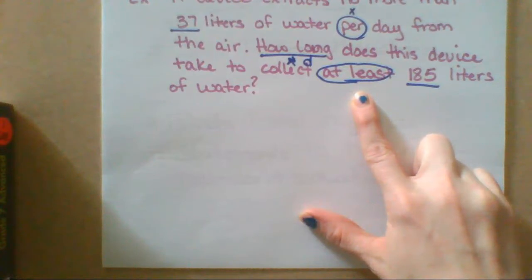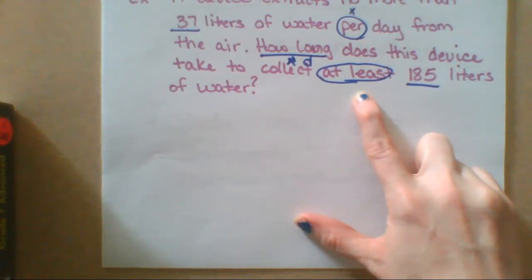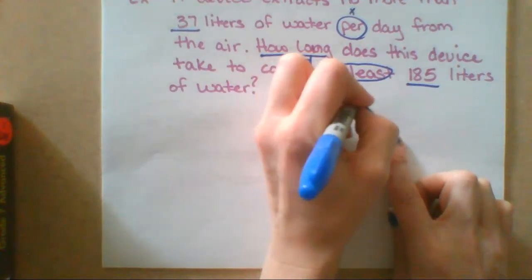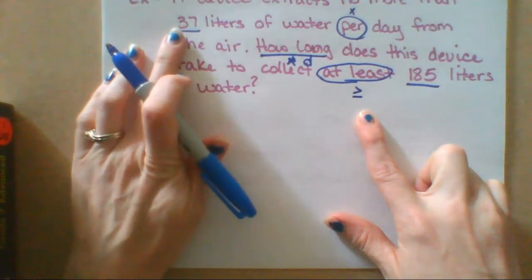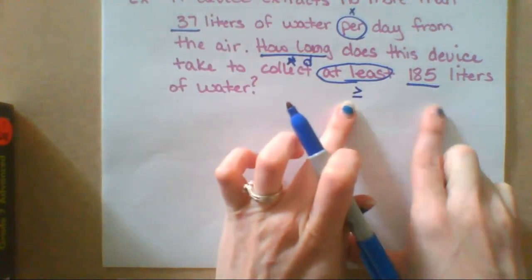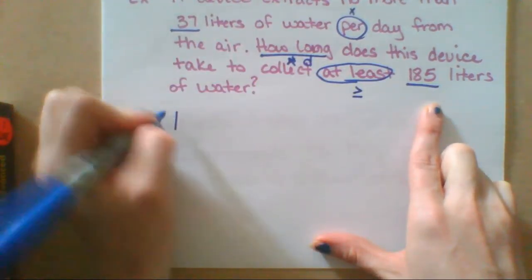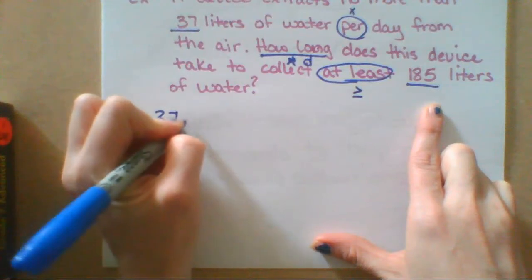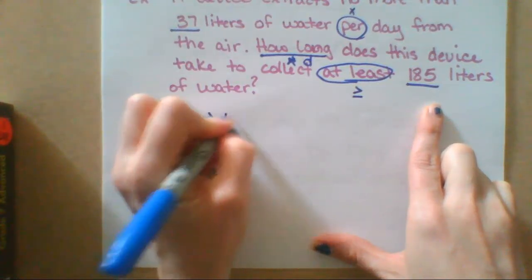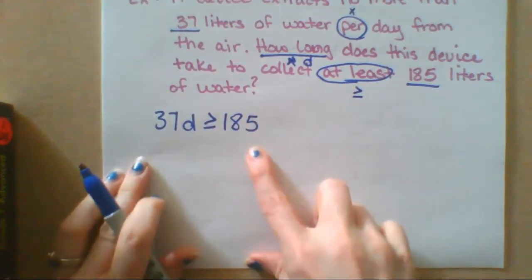Taking a look at your inequality symbols chart that I just handed you, at least is the same thing as greater than or equal to. Okay, so 37D is greater than or equal to 185. We have our inequality statement.